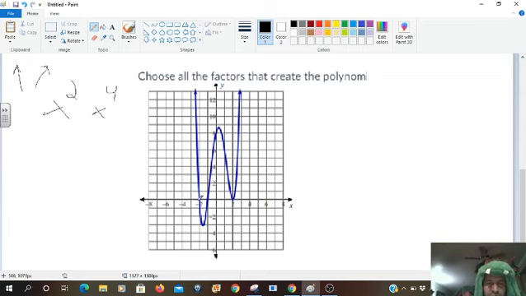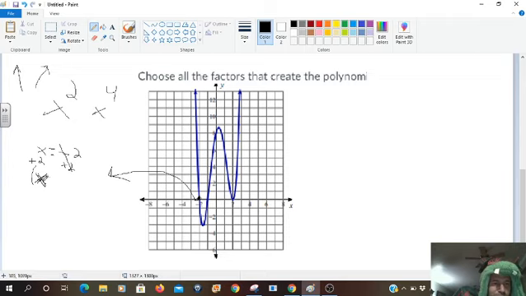Right here it crosses at -2. Think about it: x equals -2 is the x-intercept. Then when you add 2 to both sides, you throw that into factor form. So you're just left with x plus 2.